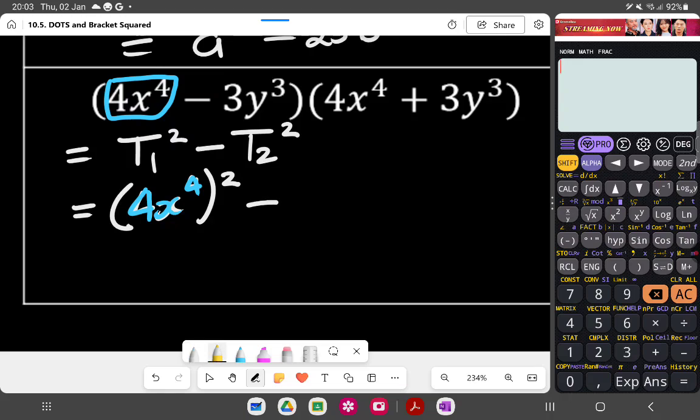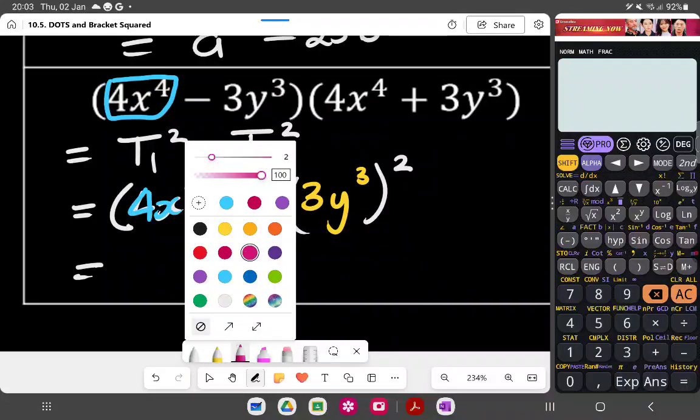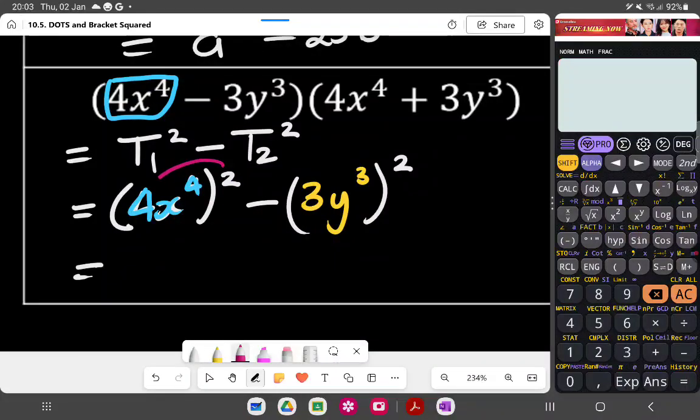Minus term 2 is going to be 3y cubed, and I square it. Now I square everything in the bracket. What does that mean? It means that I have to say 4 squared and then x to the power of 4 squared, 3 squared, and y cubed squared.